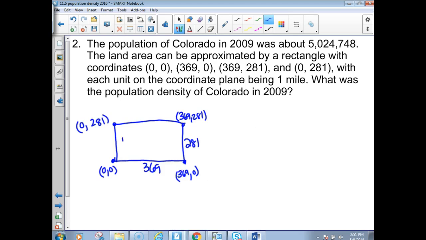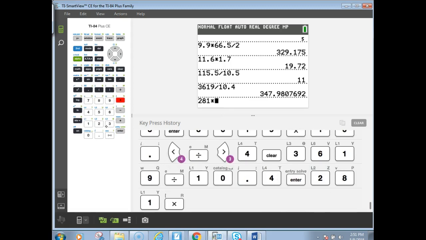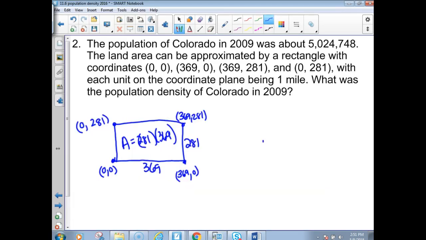Now let's find the area of this space, which would be 281 times 369. That's kind of big, but I'm going to find it. 281 times 369 is 103,689.